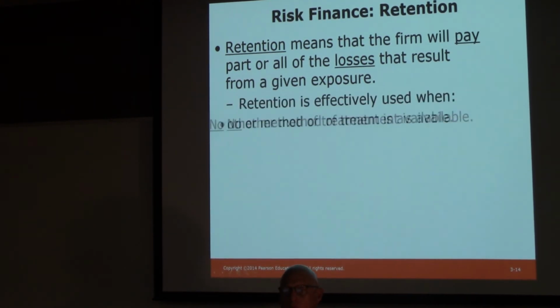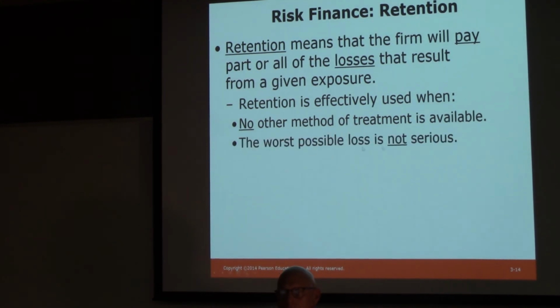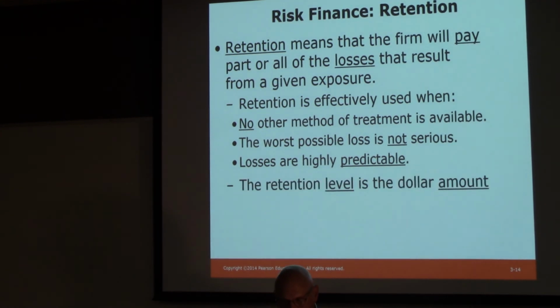Okay, and retention is used when there's not a better method of treating a loss than you simply retain it. Okay, if the worst possible loss is not that bad, then retention is acceptable. If losses are highly predictable, then you know when they're going to happen, you know how much they're going to cost, and so that helps you retain for the loss.